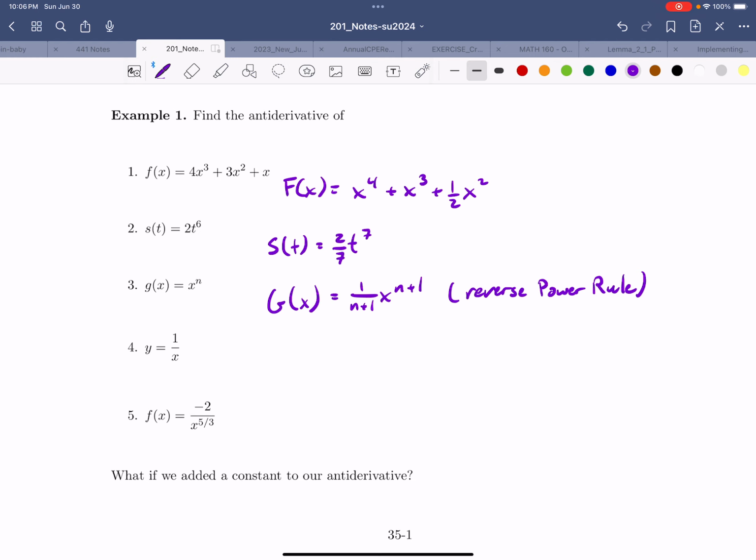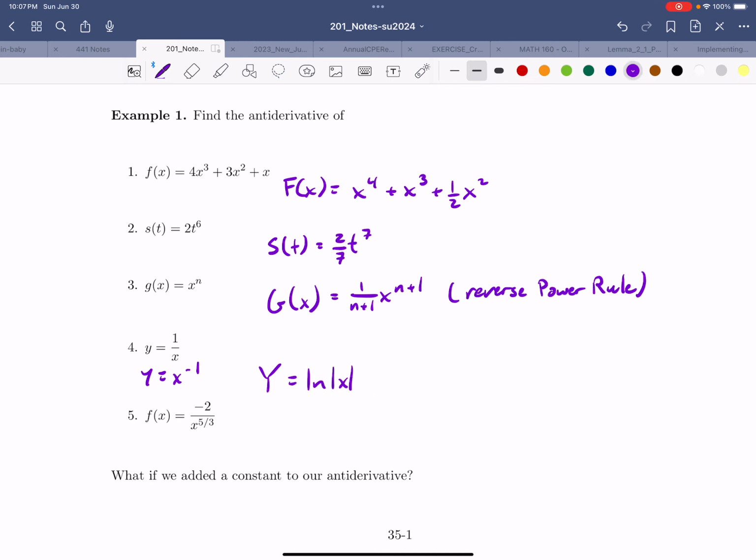Now, what about the antiderivative of 1 over x? Think about that one for a sec. The answer is y equals ln of x. Now, some people are sticklers and they want you to say ln of the absolute value of x. I don't care. Do whichever one you want. But wait a minute. Y also equals x to the negative 1, doesn't it?